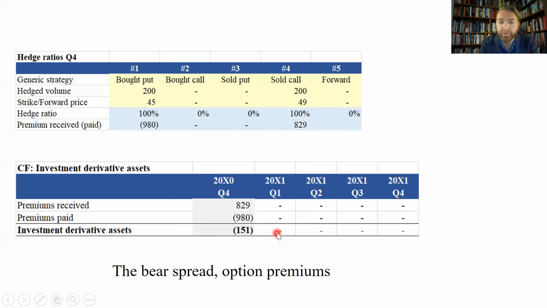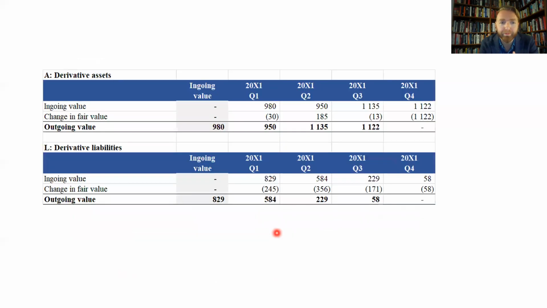So that's a matter of taste. But in this case we're just assuming that it all takes place on the last day of the preceding year, so that entering Q1, these are already in place. So these are now assets and liabilities. Bought options are assets and sold options are liabilities.